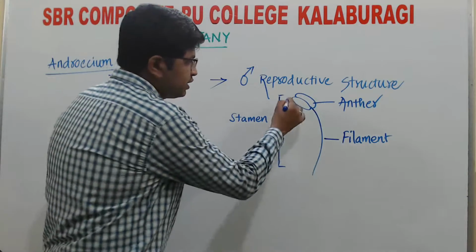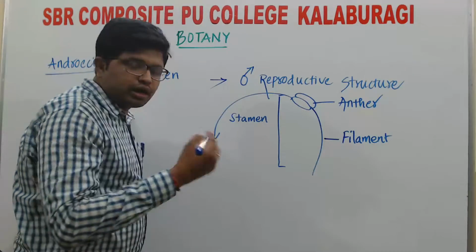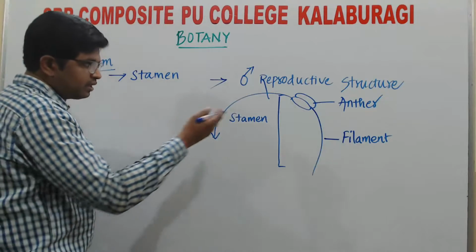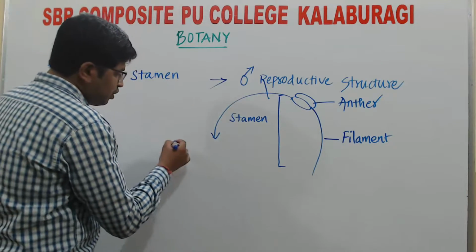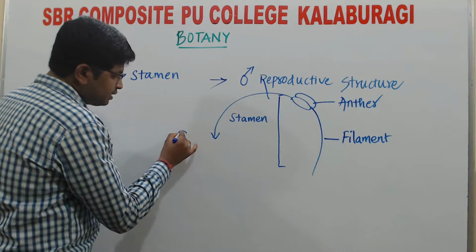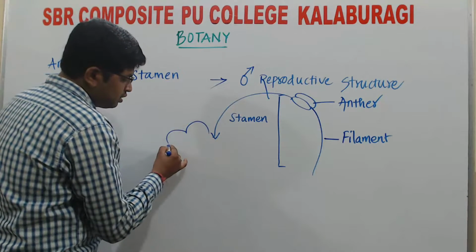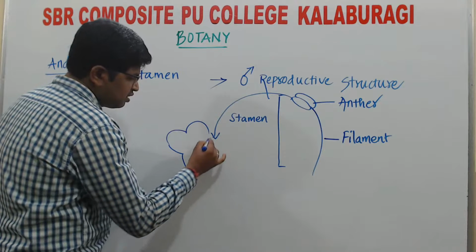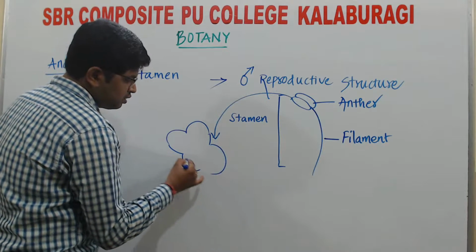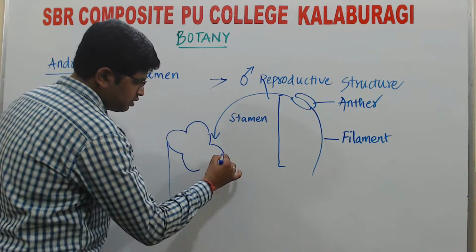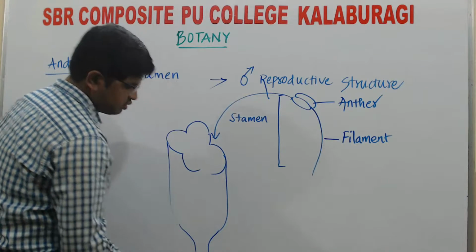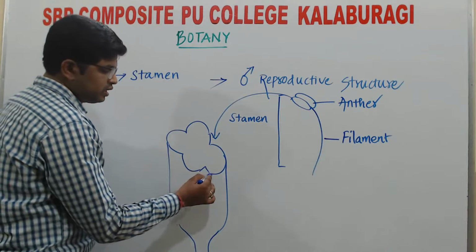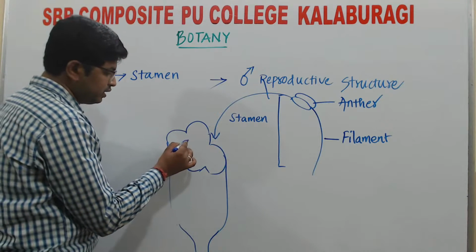Now, this is the enlarged view. When you take a transverse section of this, how will you observe it?